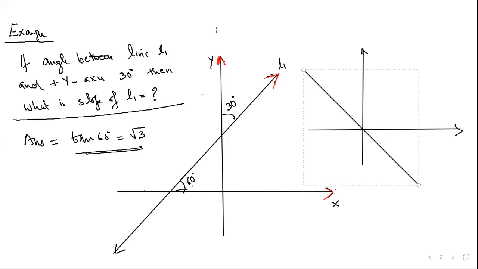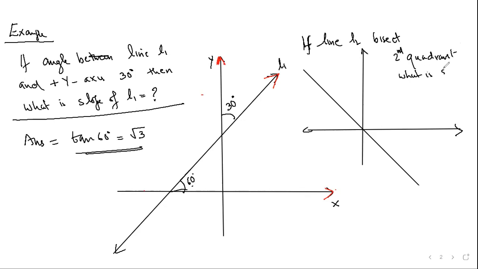Example 2: if the line L2 bisects the second quadrant, what is the slope of L2?